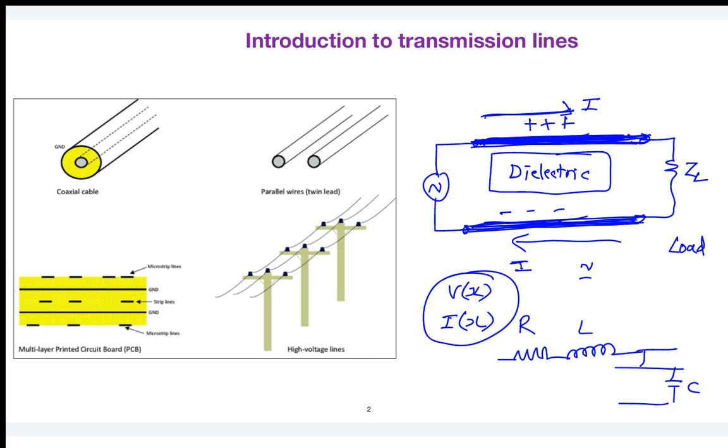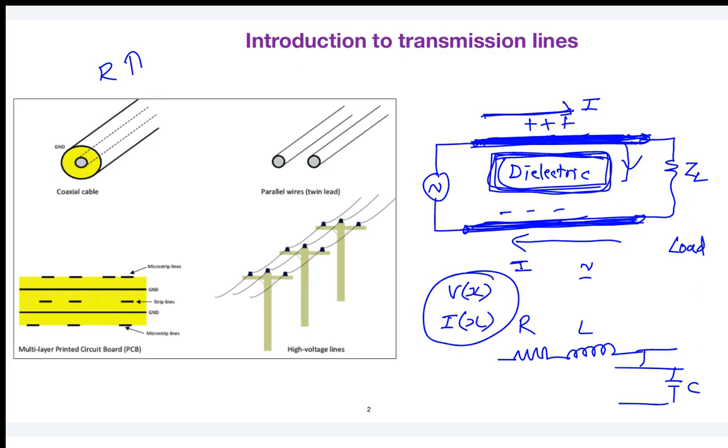But practically, in reality, you are going to have dielectrics which are non-ideal, which means the resistance is very high but not infinite. When a current is flowing through this conductor, if the dielectric offers infinite resistance, there will not be any leakage current. That is what you call the dielectric loss.